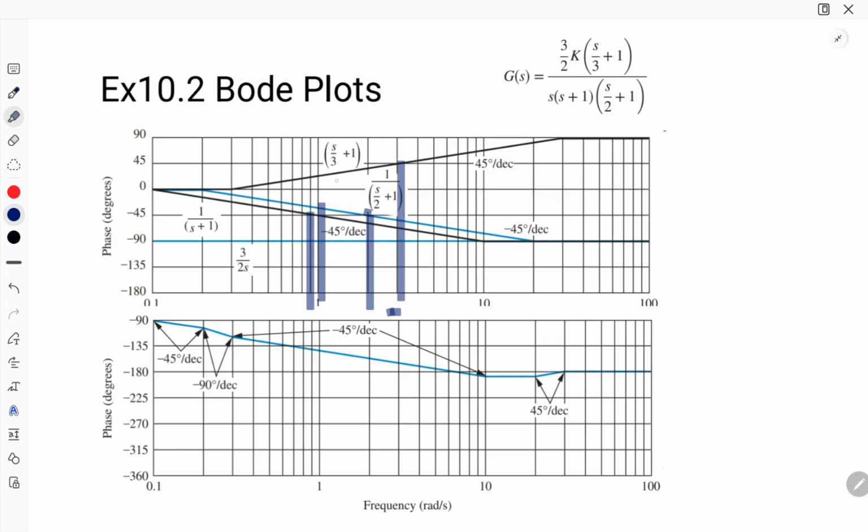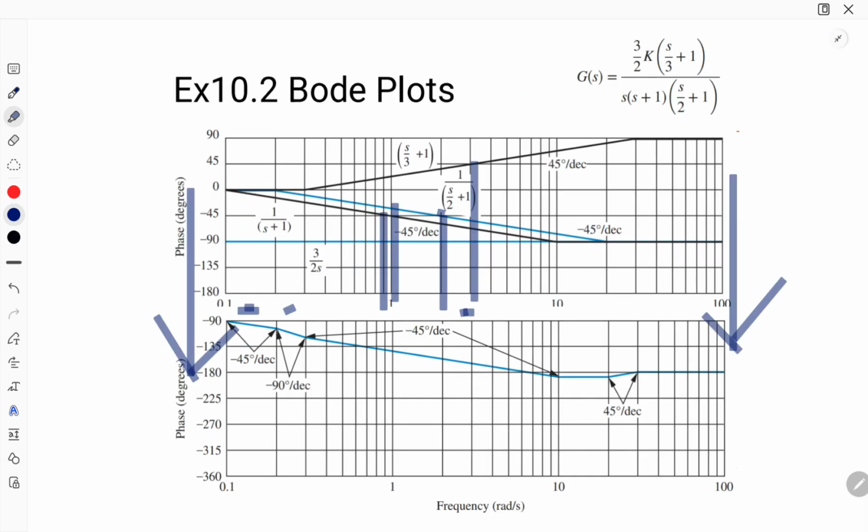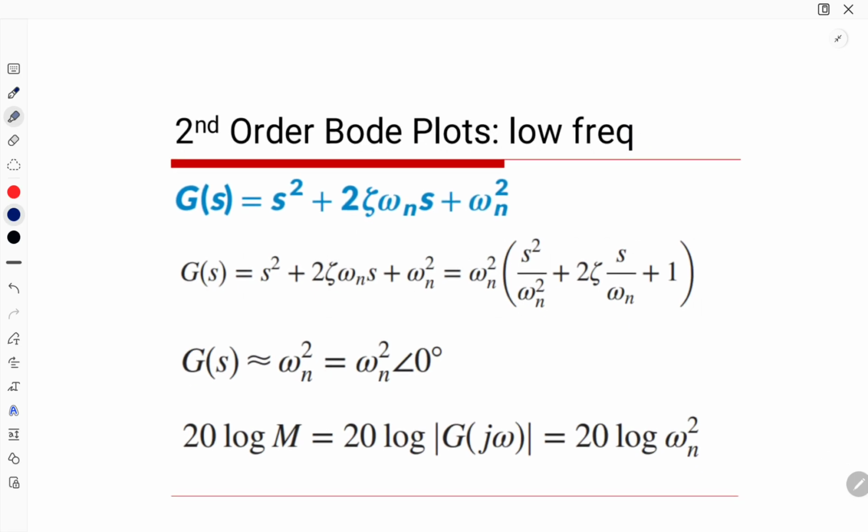You can smooth out by adding those lines into the actual magnitude. There's a bit of that. Minus 45 per decade, minus 90 per decade, and so on. In part E, we'll move on to second order Bode plot for low frequency.